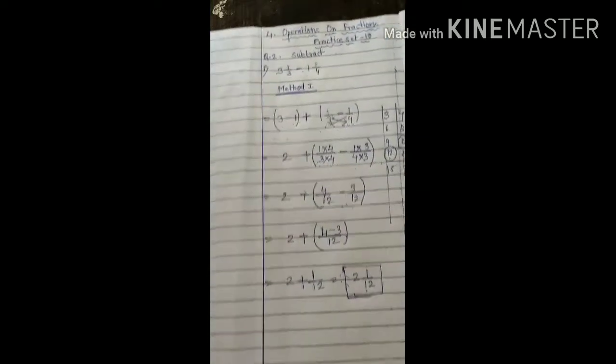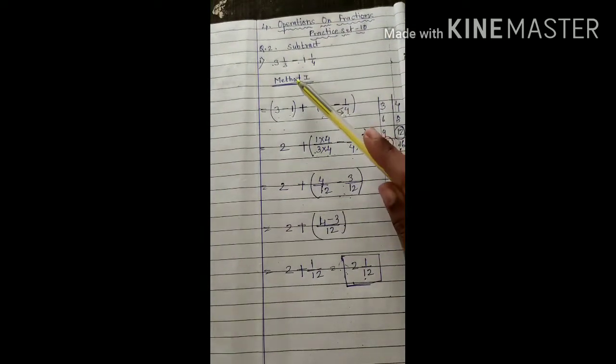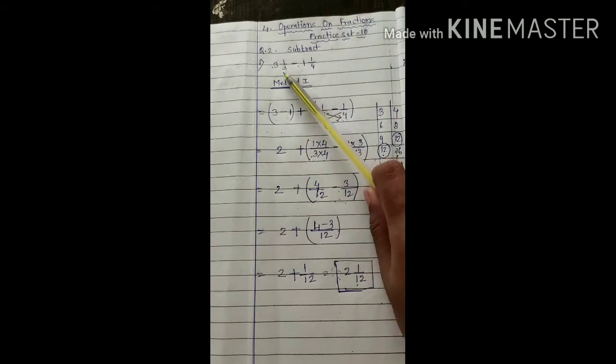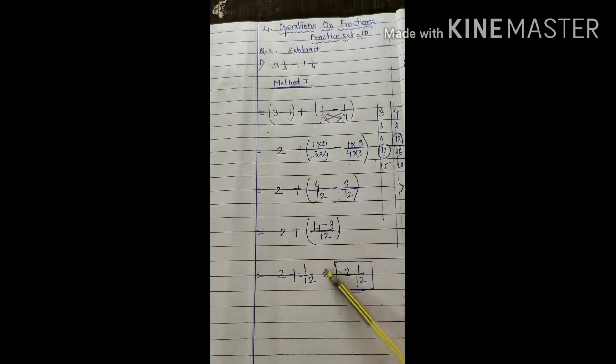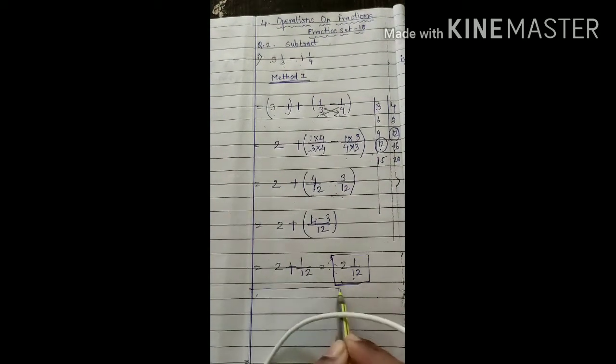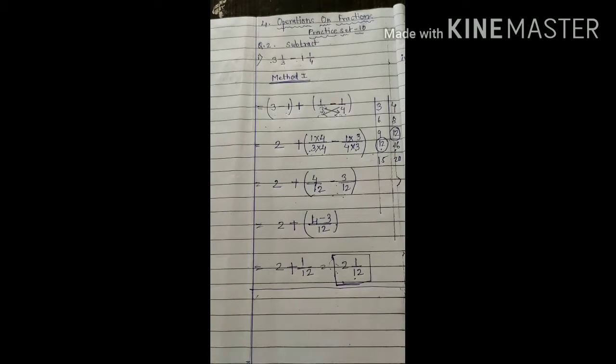You solve this question 1 of question number 2 by method number 1. If you follow method number 2, I will explain how. You have 3 1 upon 3 minus 1 upon 4 by method number 2.